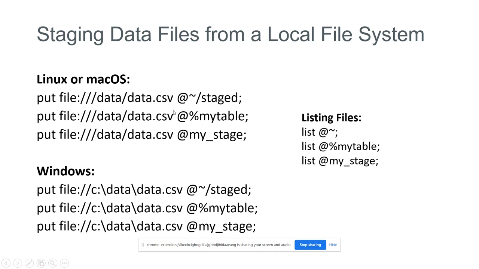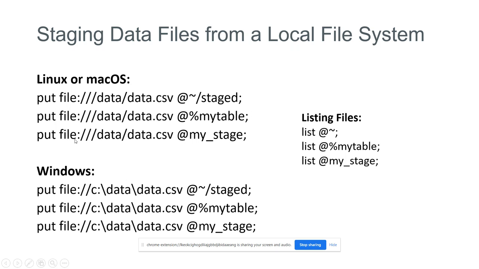In the same way, if I want to copy a file to a table stage, how can we do that? Suppose I want to copy this file to the table staging area, this is the syntax. Instead of tilde, we have to use the percentage symbol. So at the rate tilde is the user stage, at the rate percent is the table stage.